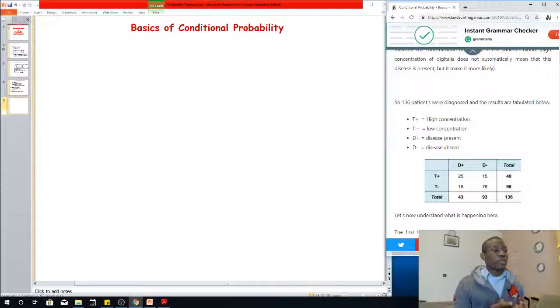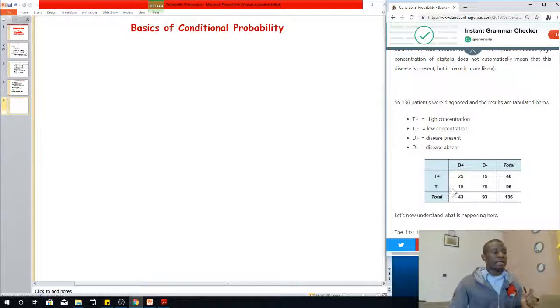So what the doctors do is, when the concentration is high, they assume that the disease is there. Because when the concentration is high, it means that there is high likelihood that the disease is there. But that does not always mean the disease is there. It's just a diagnosis method that if the concentration is high, then let's just assume the disease is there.